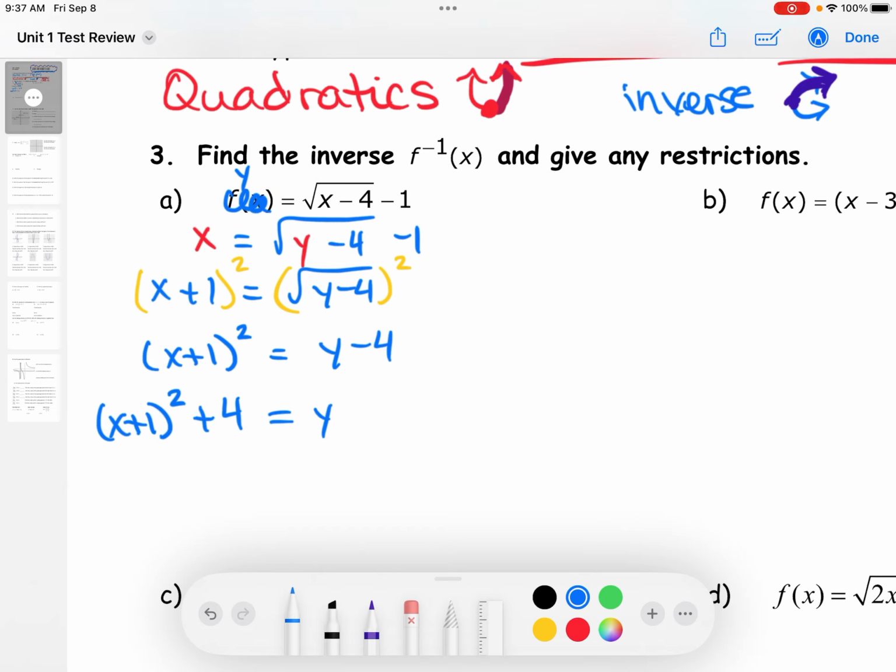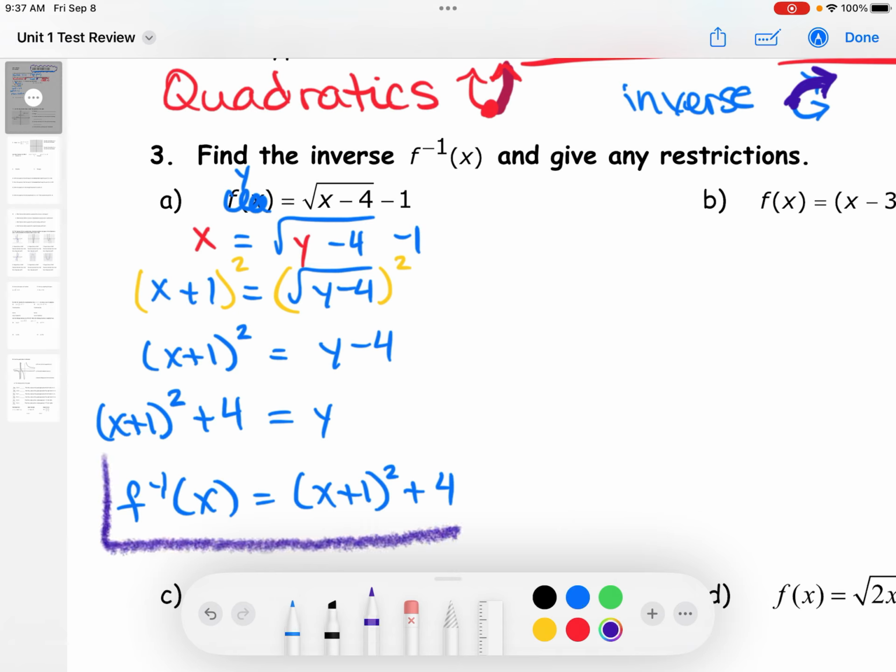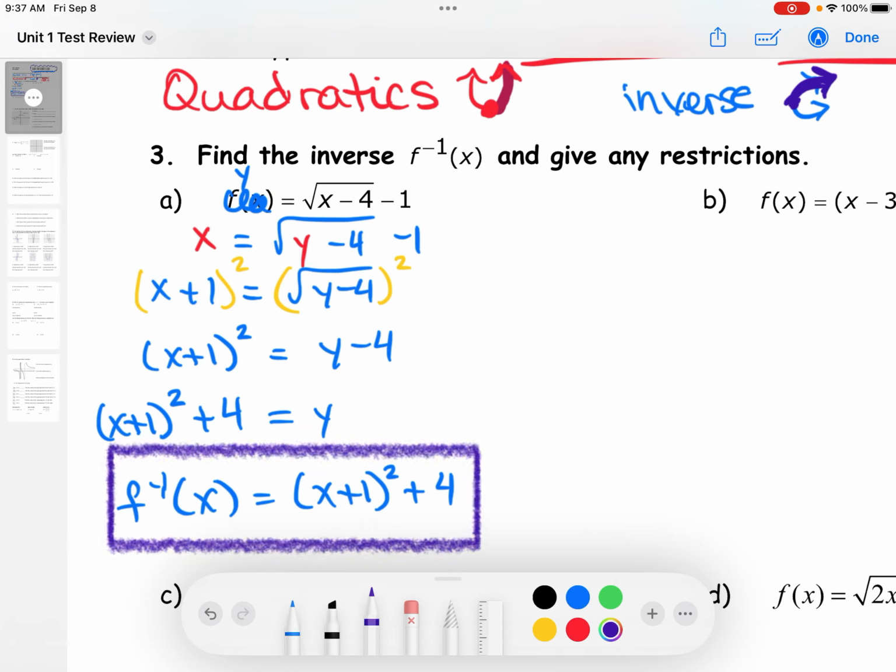So in proper inverse notation, f inverse of x is equal to parentheses x plus 1 all squared plus 4. And there is your inverse function. Since this started out as a square root function, it does not need any restrictions.